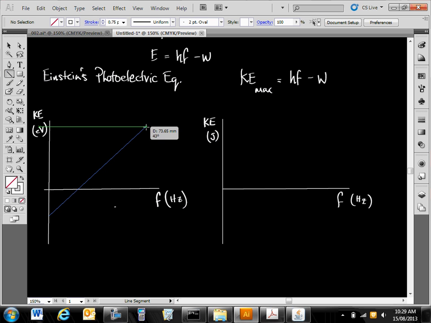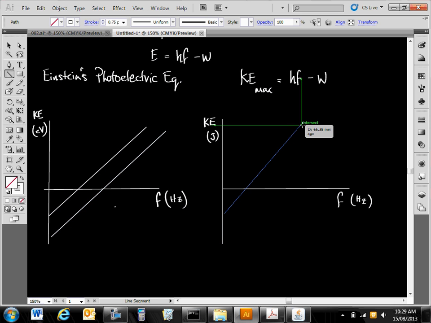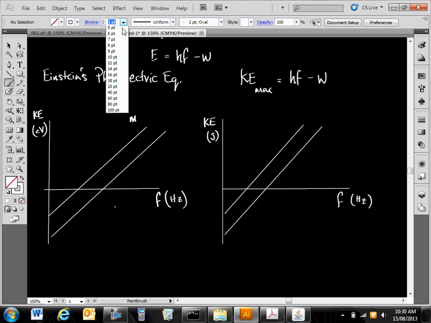It's actually going to look like this. This might be a different type of metal here, something like this. The slope of this graph will be what? This could be metal A, metal B, and so on and so forth.